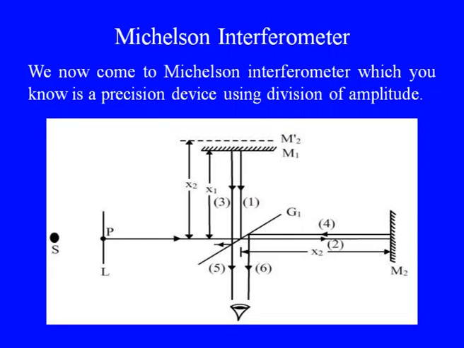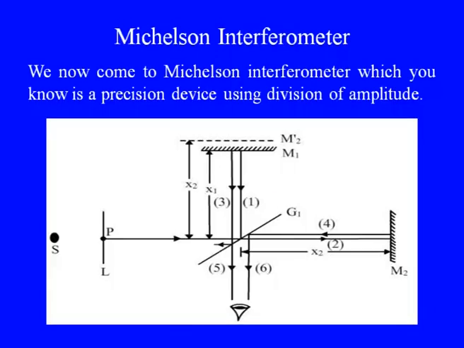Michelson's interferometer, another very interesting device, is a precision device using division of amplitude. S is the source, P could be a screen or sometimes a lens is used to make the beam parallel, but the main thing is ultimately we have a broad source. G is a splitting plate.